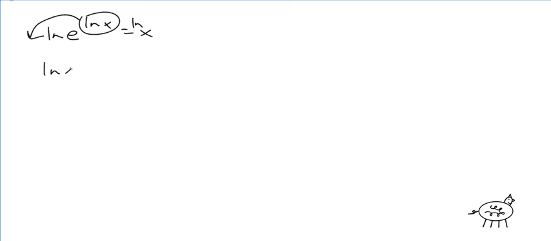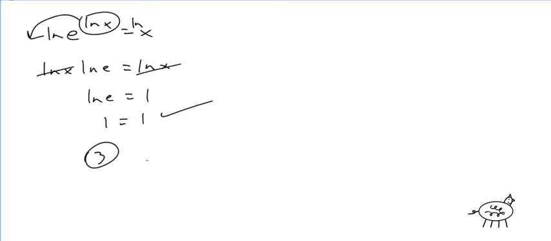So I get natural log of x, ln of e equals ln of x. I can divide both sides by ln of x, and I get ln of e equals 1, and ln of e is equal to 1, so 1 equals 1, and we're done. Okay, so that is my third property, the inverse property: e to the ln of x equals x.